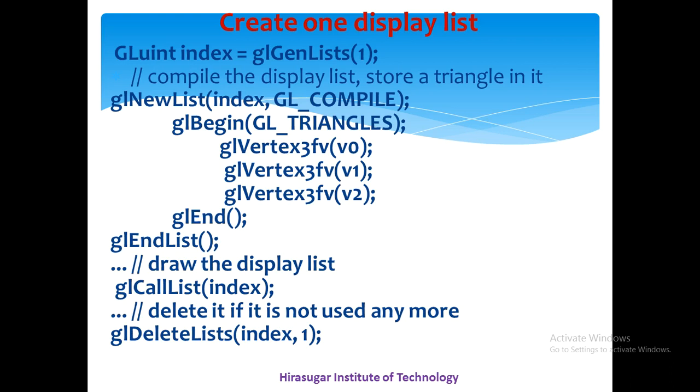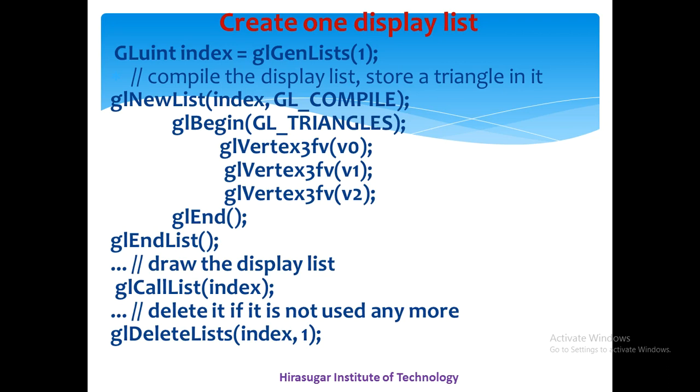Then how to create a display list? As I told, every display list has its own identity. Whenever you are creating a display list, you have to create unique display lists. To get unique display list numbers, OpenGL provides one API, glGenLists, which gives unique identifiers. Say you are requesting identifier 1 from OpenGL because you want to assign that 1 to some display list.